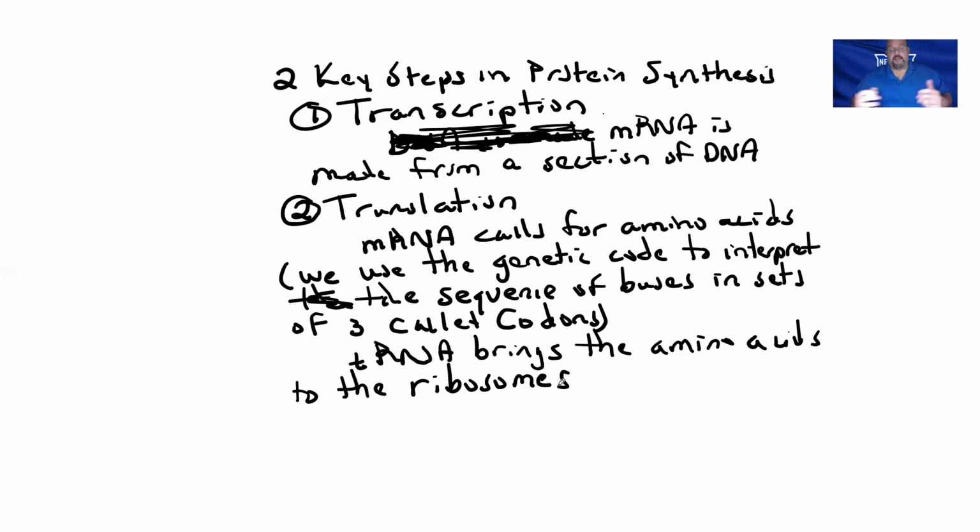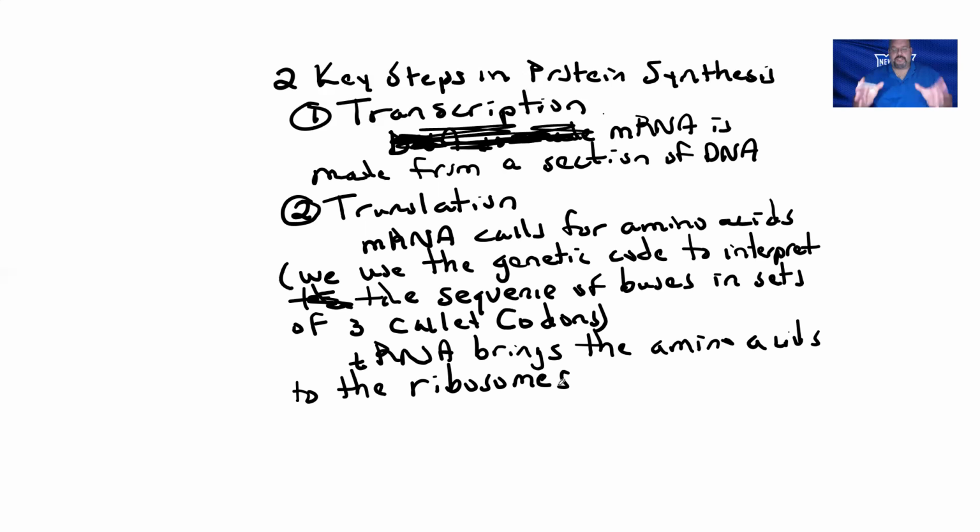Same thing for RNA. The only variable in going from one nucleotide to the next in an RNA molecule would be the nitrogenous base. In what is known as the genetic code, bases are not read individually. Bases are not read in pairs, they're read in sets of 3. And each set of 3 is what is known as a codon.